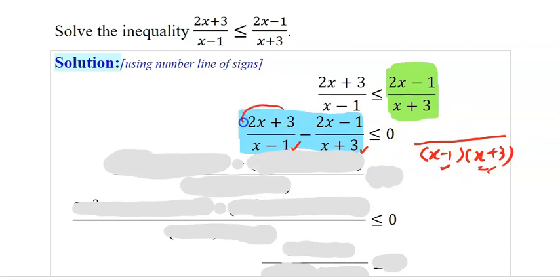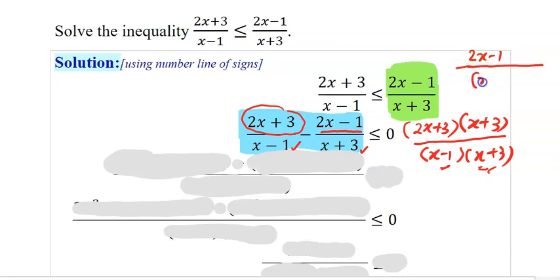So for the case of 2x + 3, if I take this as the new denominator, from x - 1 it becomes (x - 1)(x + 3), so I need one more part here, x + 3. Whereas for the case of 2x - 1, originally from x + 3, I need another x - 1, so I need to multiply with x - 1 on the other side.